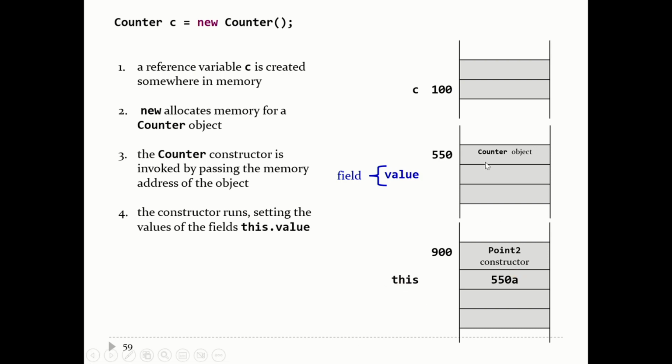Well, this is the object at address 550. So this.value is this field right there, and that value gets set to 0. Then the constructor finishes running. That lets new finish running, and new returns the address of the newly created object. So c gets set to 550.